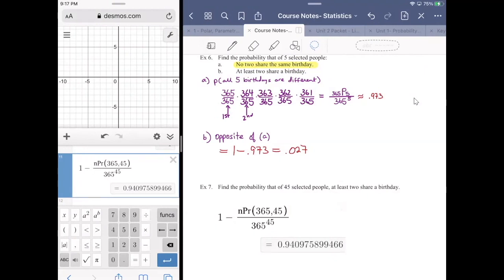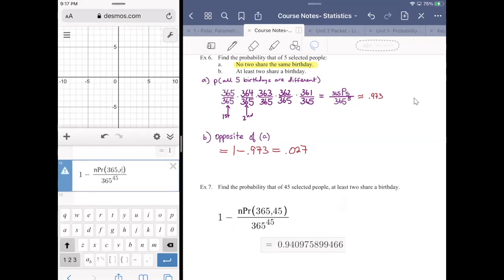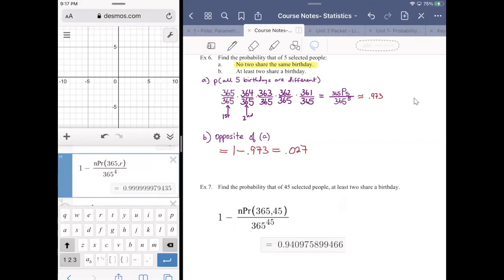Now, if you want to get a little bit more crazy with this, you can do what we did before and just create some dummy variable for the bounds, and create a slider so that you can see what's going on with those probabilities as you increase the number of trials, increase the number of individuals in the room.